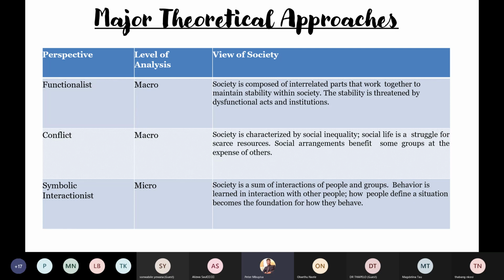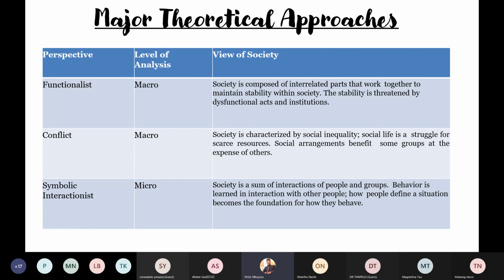And it brings us to what we call, we'll talk about who came up with this later on, I think Spencer calls this social Darwinism. So that's where the term survival of the fittest came from. So conflict theory simply looks at how inequalities can be used to try and explain the structuralization of society.